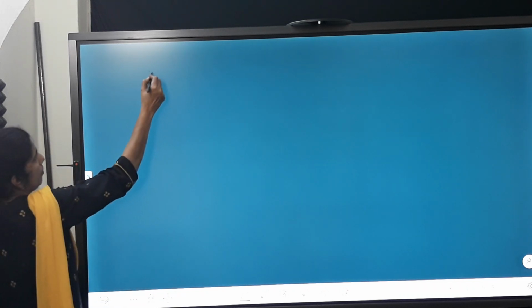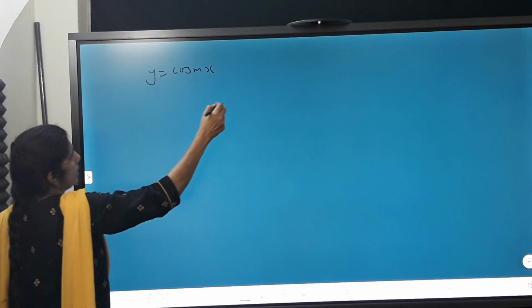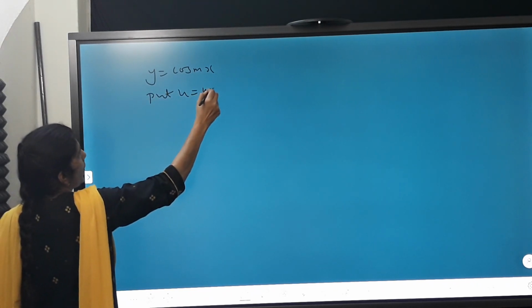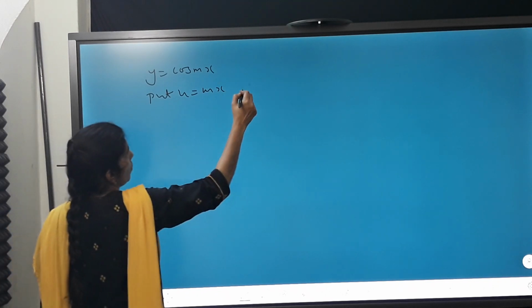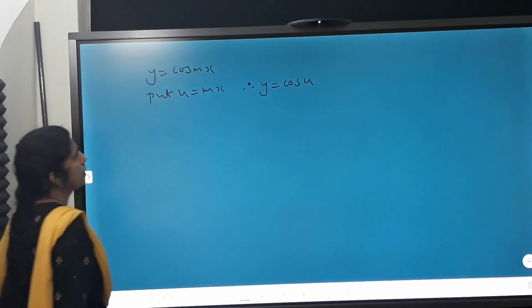Same way, if it is y equal to cos mx, then we put u equal to mx, so y equal to cos u.